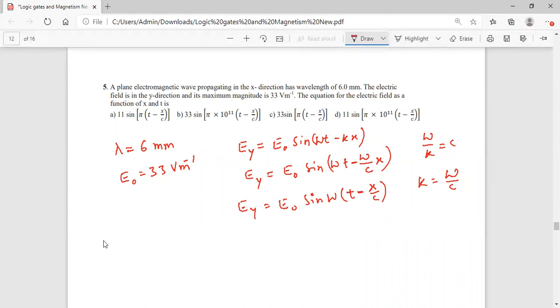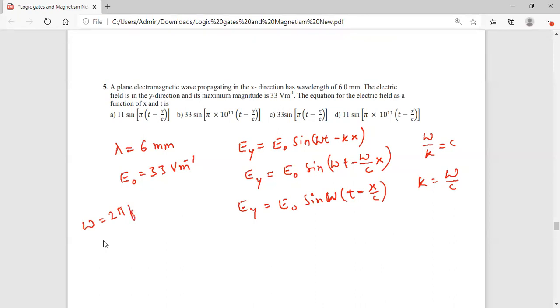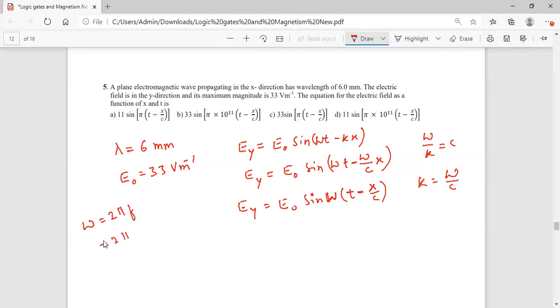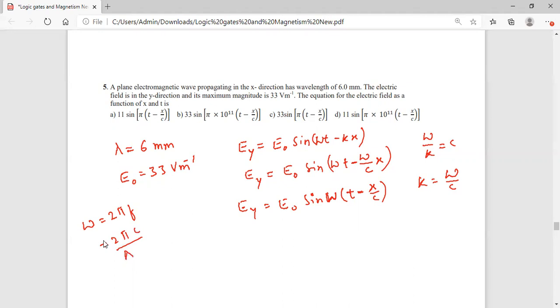T minus x by c. Omega of t minus x by c. Now, to calculate omega, lambda is given. So omega is equal to 2 pi f or 2 pi c by lambda.